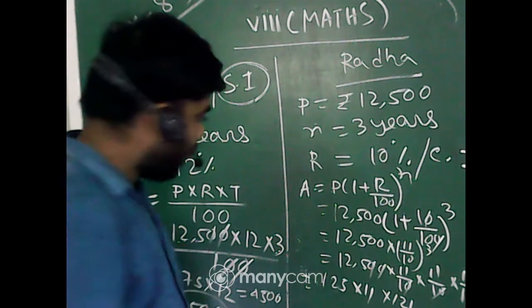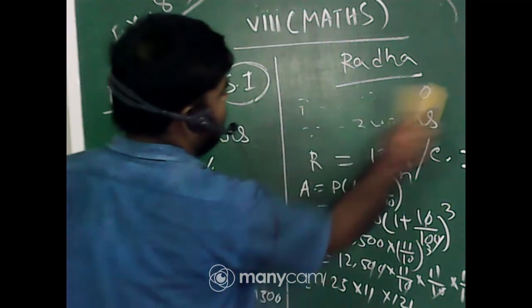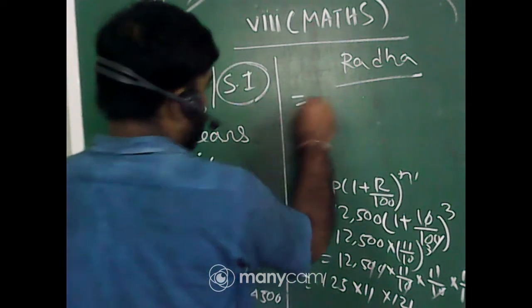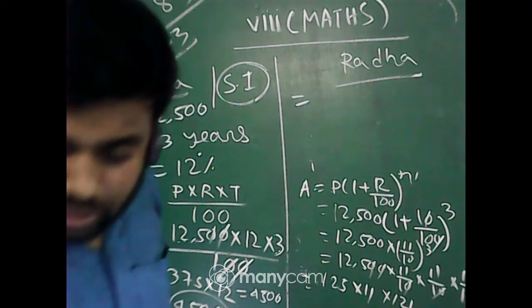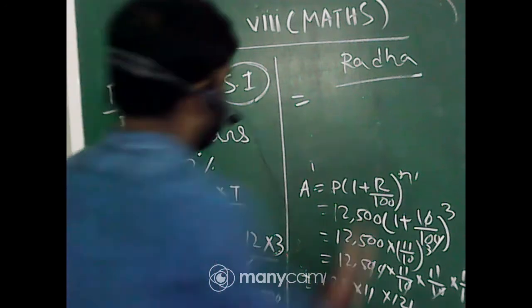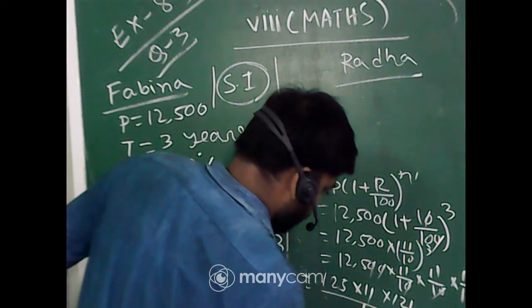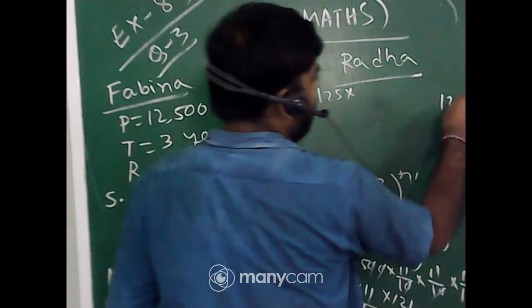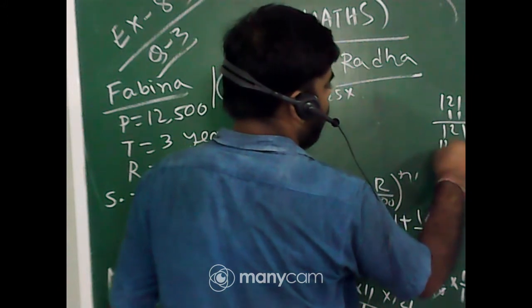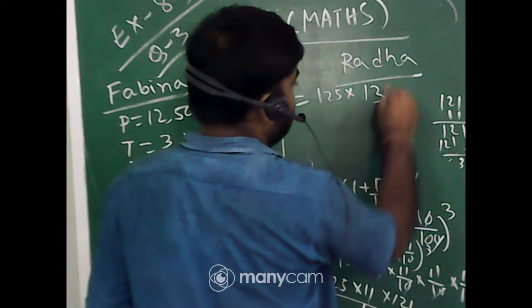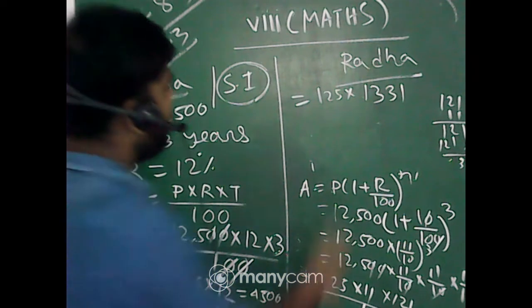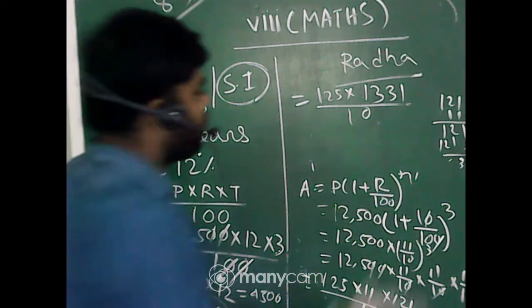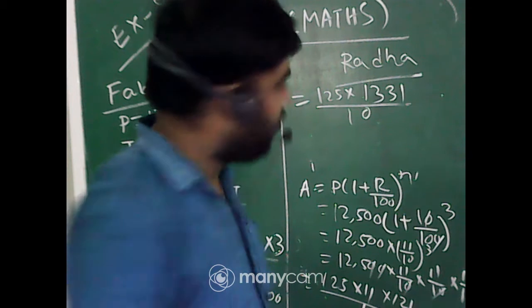Next, 121 into 11 is 1331. Then I will divide it by 10.